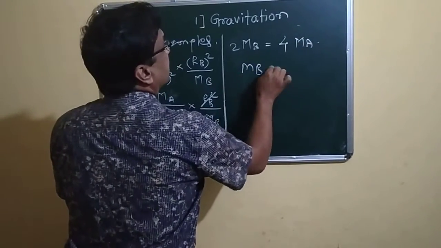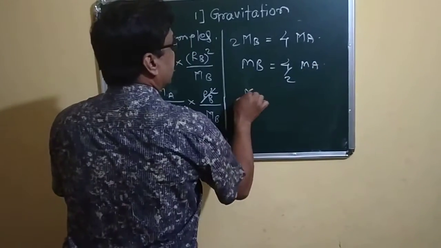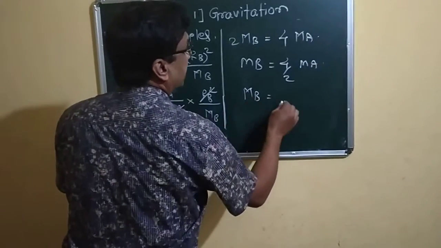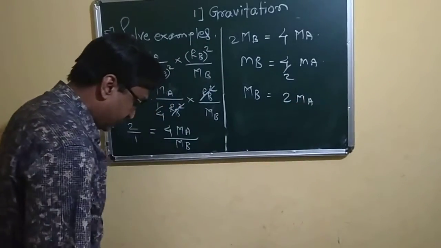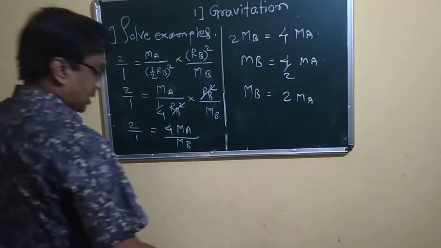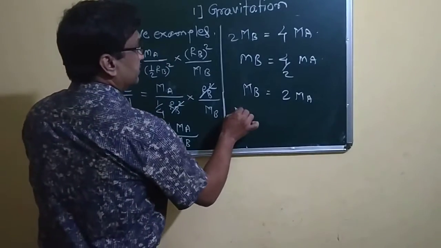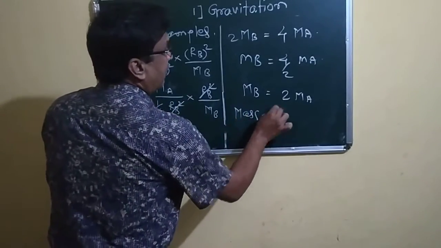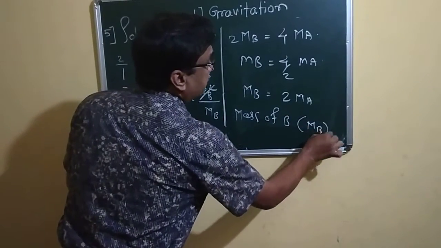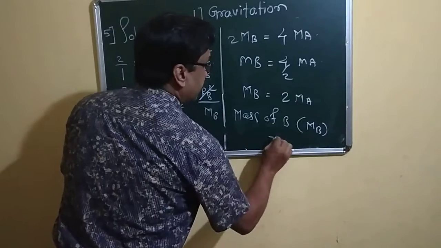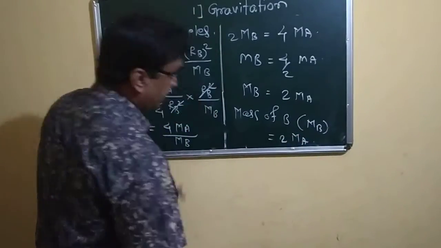MB is equal to 4 upon 2 MA. The mass of planet B is equal to twice MA. That is what is asked: what is the mass of B? Mass of B, that is MB, is equal to twice MA.